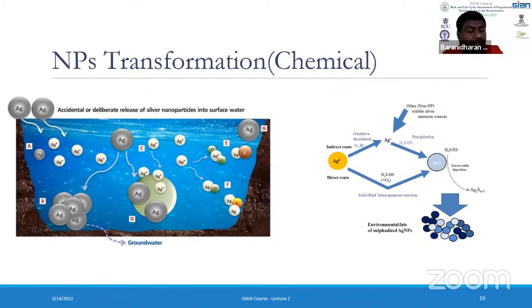So the nanoparticle can release ions into the solution, or it can get agglomerated, or it can react with any of the ligands present in the water. Or, once this agglomerate gets onto the soil or water, it can react with the groundwater that is present. So dissolution is the key chemical transformation process.